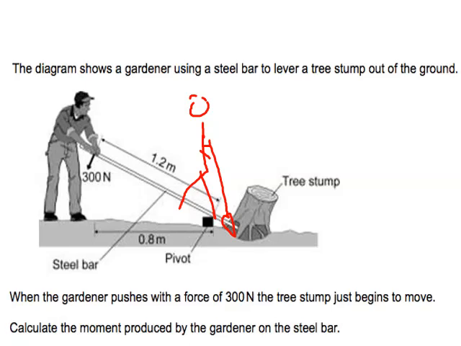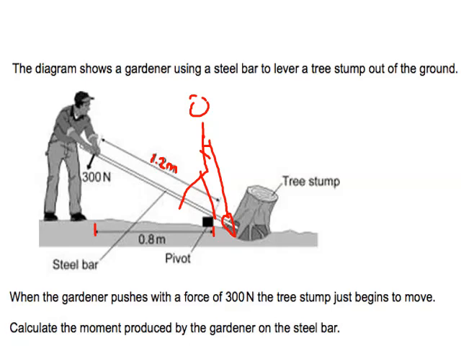So it says, when the gardener pushes with a force of 3 newtons, the tree stump just begins to move. Calculate the moment produced by the gardener on the steel bar. The problem with this question is it's giving you two distances. It's giving you 0.8, which is the horizontal distance, and 1.2. Just have a think for a moment which you would use.